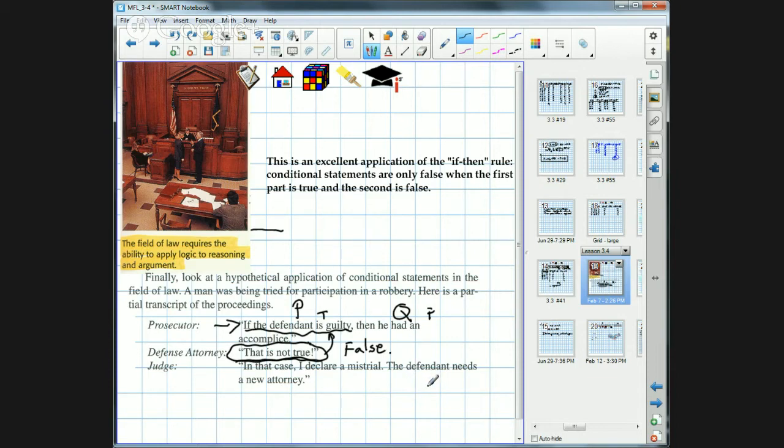it goes back to you got to know a little bit about logic, and you guys already know that when you do an if-then statement, if P then Q, the only time that this can be false is when P is true and Q is false, right?